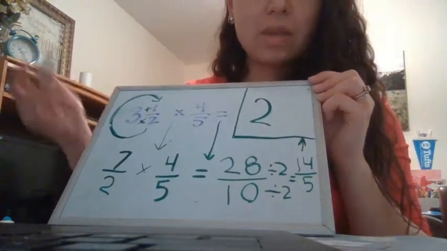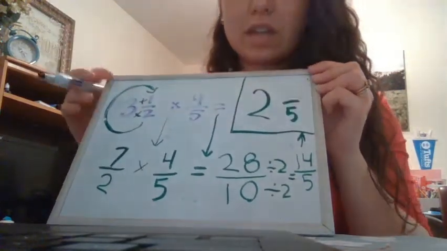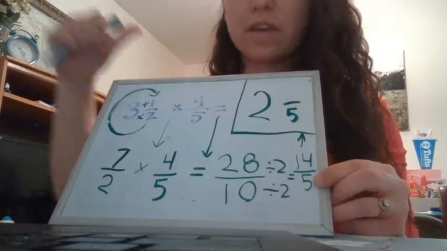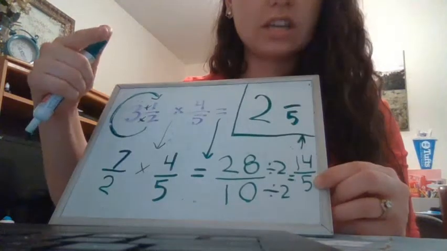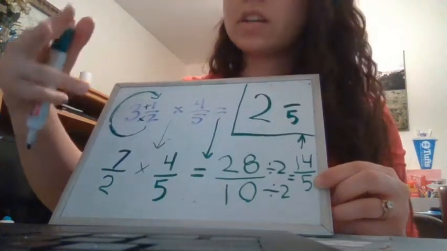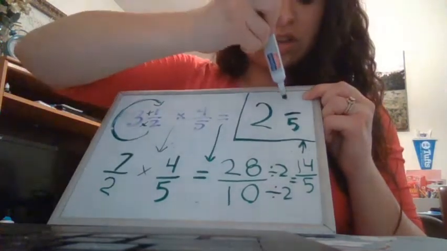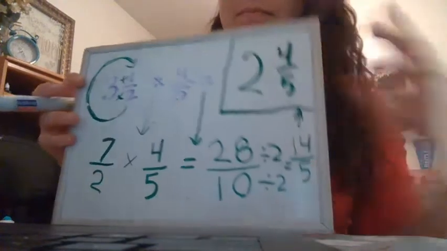And now I got to think, how many fifths did I have left over? I'll write my fifths down here. Let's figure out how many I had. So I did 5, 10. And then I need to get to 14. 10, 11, 12, 13, 14. Oh, I had 4. So I'm going to write 4 fifths. That's how much I didn't use. 2 and 4 fifths. That's it.